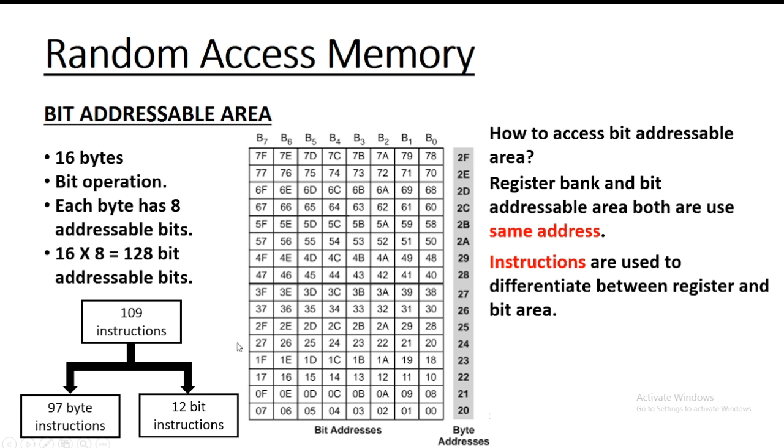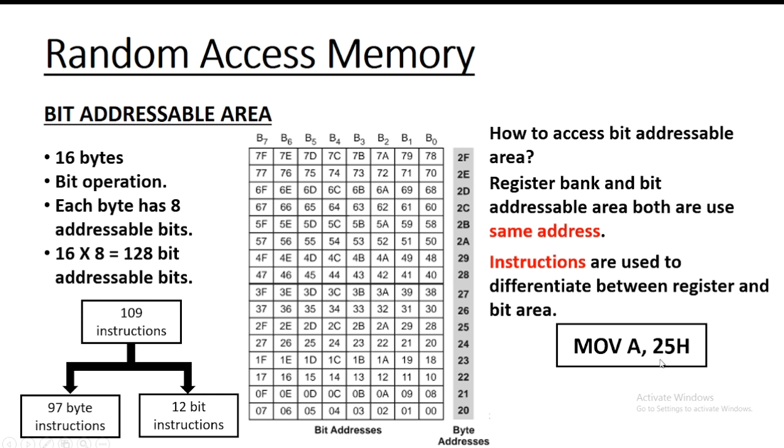So there are instructions which are used to differentiate between register and bit area. In the 8051 there are 109 instructions, out of which 97 are byte instructions which perform byte operations, and 12 instructions are bit instructions which are used to operate on bits.